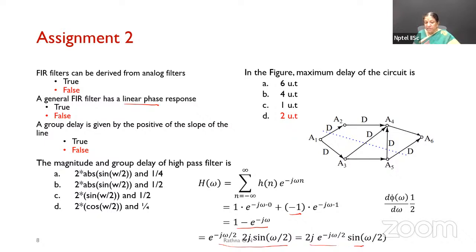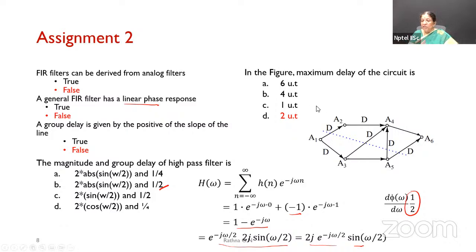And for its group delay, we consider the negative slope: d phi by d omega is going to be equal to half. We have taken the absolute value of it. So sine omega by 2 and half is the correct answer.